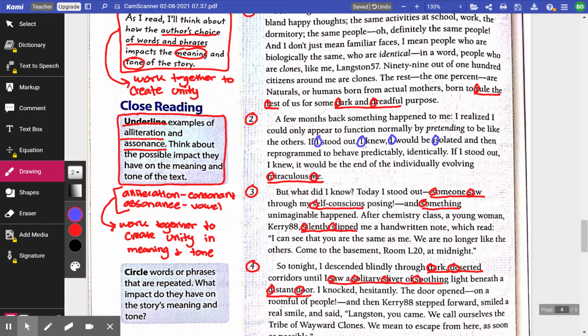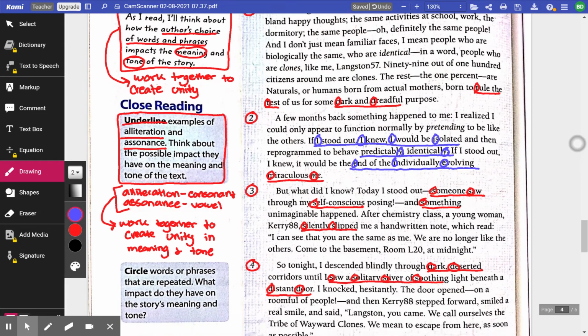Also, in the phrase "predictably, identically," that E sound at the end that the Y makes, that's our Y making that vowel sound. The E sound is getting repeated. And also in the phrase "end of individually evolving," the E sound is being repeated with end, individually, and evolving. So even though individually begins with an I, it still makes that same sound as the E is making there. So that is an example of assonance.